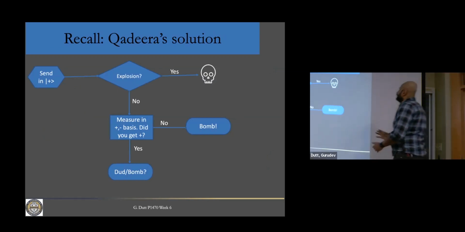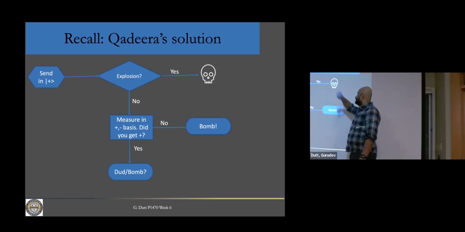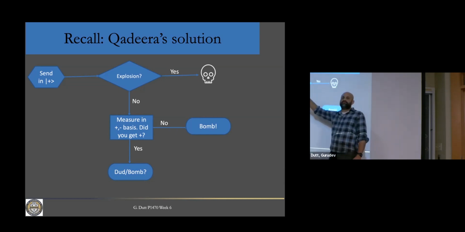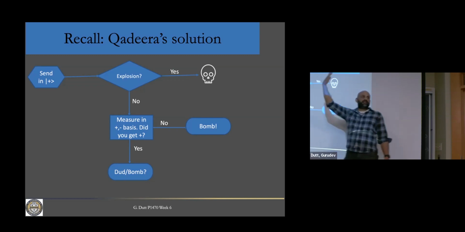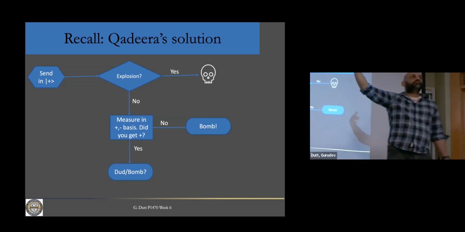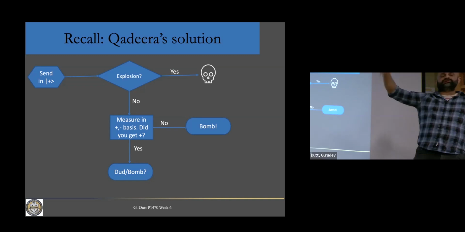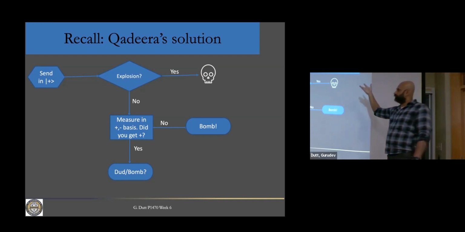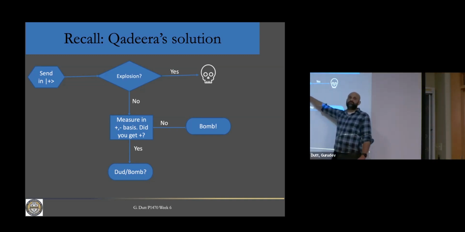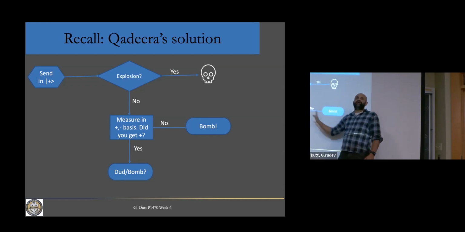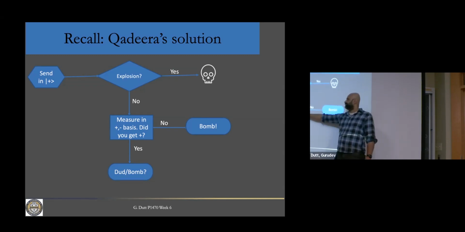So Kadira, our heroine of the story, if you remember, sent in a plus state, and half the time there would be an explosion because a plus state, as you know, is 1 over root 2 times 0 plus 1 over root 2 times 1. And so it has a 50% probability to be detected as a 0, 50% to be detected as a 1. But if there's no explosion, the trick is that we can actually differentiate between the dud and the bomb case by measuring in a new basis, the plus or minus basis.